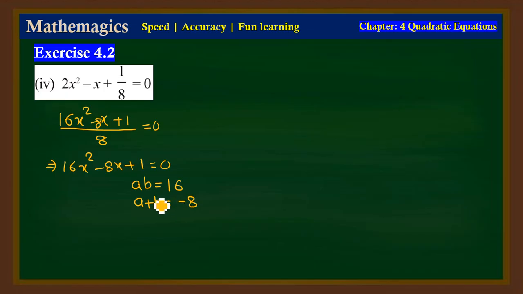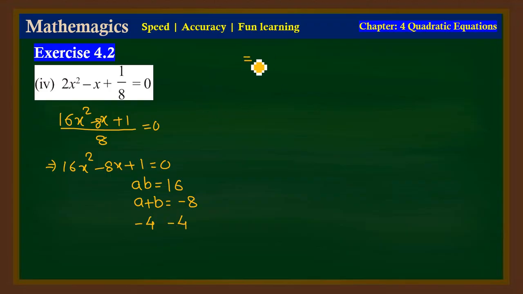So dear friends, we are going to multiply any two numbers to give 16, and both have to be added, then the answer will be minus 8. So what are the two numbers? Obviously we will be taking 4 fours are 16, but the sum is minus 8. It means we are going to take minus 4 and minus 4, so that the answer will be easy.